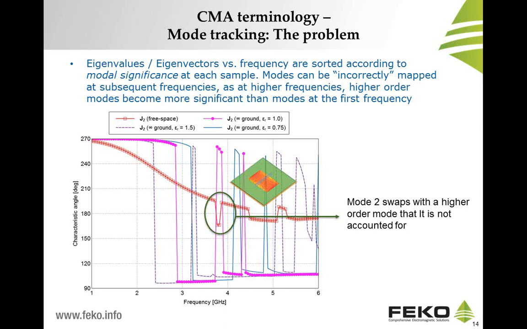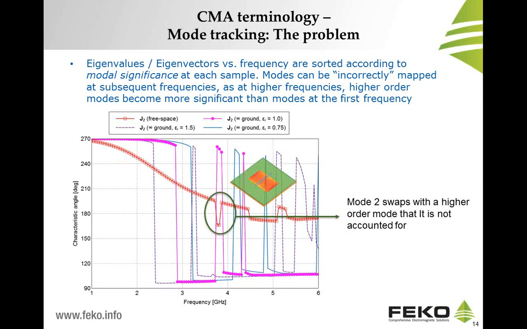Modes can therefore be incorrectly mapped at subsequent frequencies because higher order modes may become more dominant at higher frequencies than they were at, for example, lower frequencies. Now, as I show here, this mode, which is J2, essentially swaps at this point with a higher order mode that is not being accounted for on this graph.